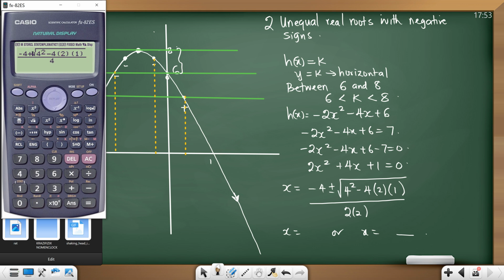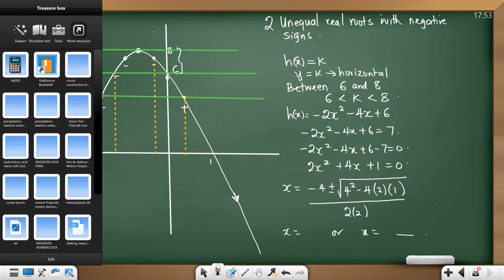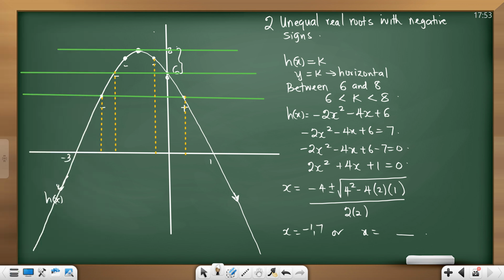Then look at my second answer: negative 1,7. Both answers make sense. Anywhere between 6 and 8, both answers will be negative: negative 1,7 and negative 0,29. Are they equal? No. Two unequal real roots. What signs do they have? Negative.